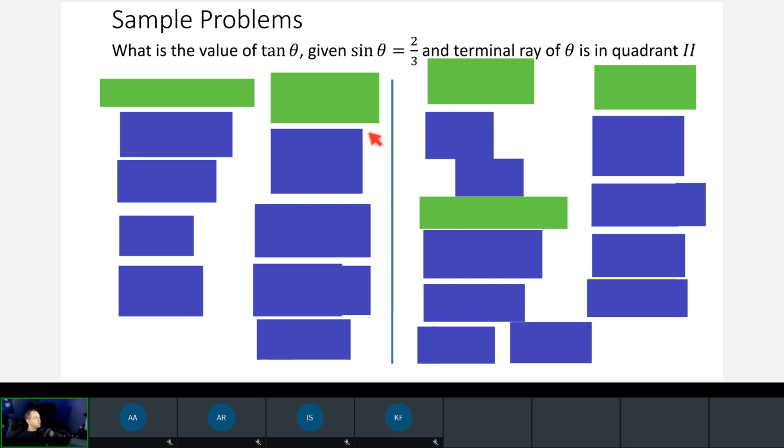Okay. Let's do this. I'm going to give you 2 minutes to figure out your path. You don't have to do any work. You just have to figure out which identities you're going to use to get to the answer.